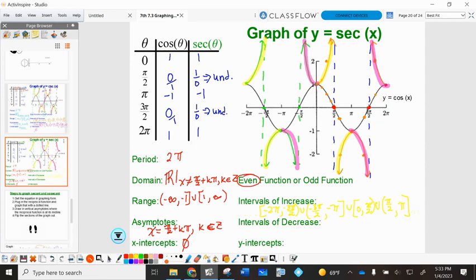Our intervals of decrease, let's take a look at that. That's going to be from -pi inclusive to -pi over 2 non-inclusive, union with -pi over 2 non-inclusive to 0 inclusive, union with pi inclusive to 3 pi over 2 non-inclusive, because that's where the asymptote is, union with 3 pi over 2 non-inclusive to 2 pi.